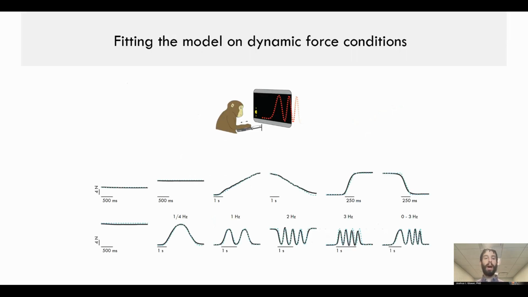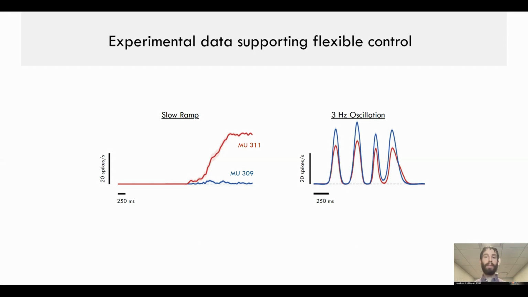Great, so what do our model fits look like on the actual data? Let's revisit this example experimental data that I showed you before that seemed to support the idea of flexible control.